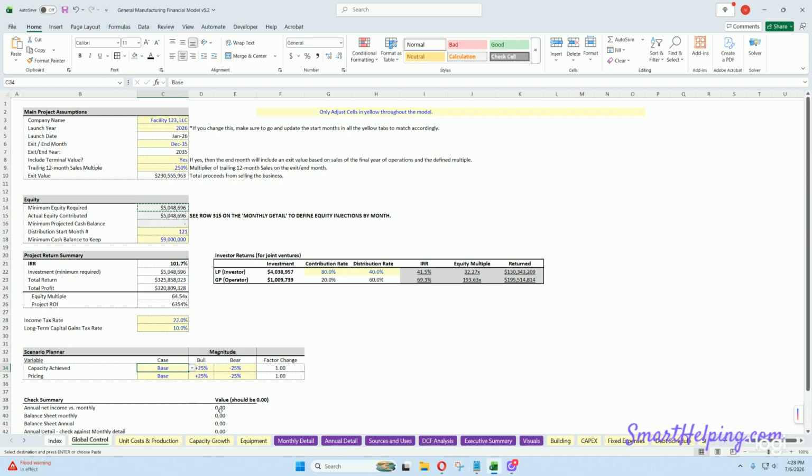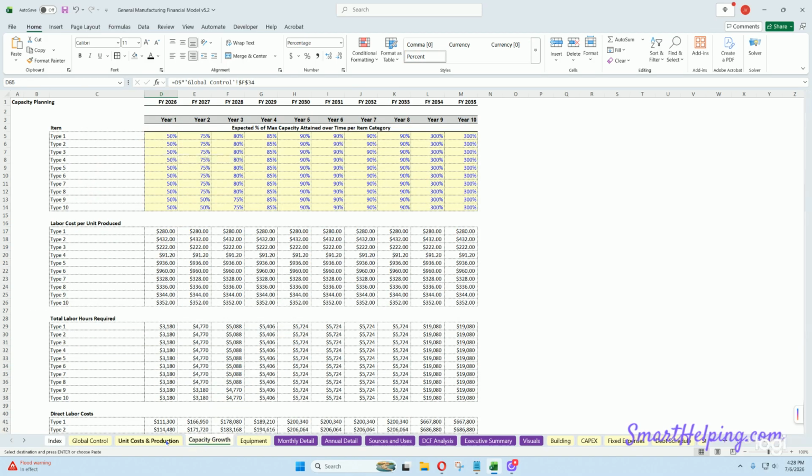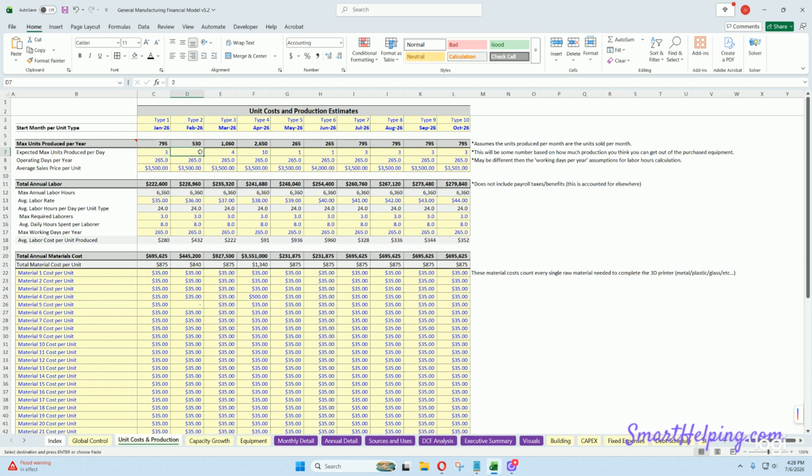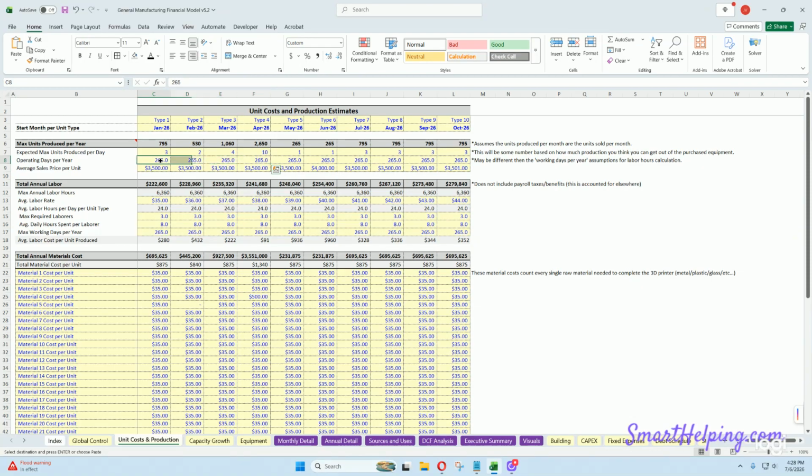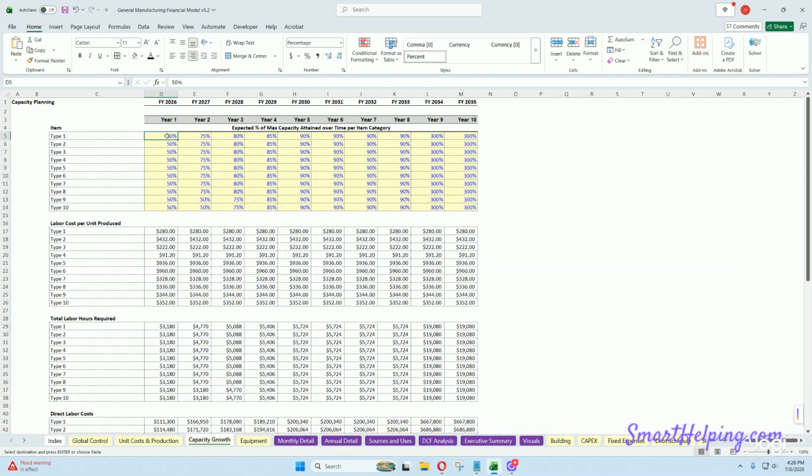Capacity achieved in the model works like this: here you define your max units you can produce per day. Then based on your operating days per year, there's a maximum capacity of units. This capacity growth says, of whatever the maximum capacity is, and there are 10 different product types here, how much of that max capacity you're achieving in years 1 through 10.